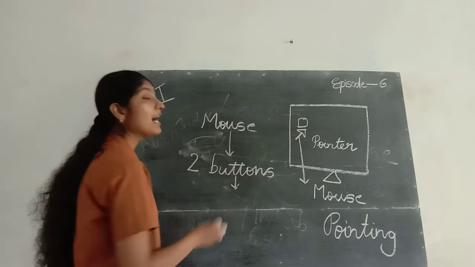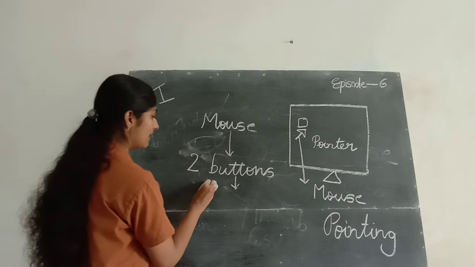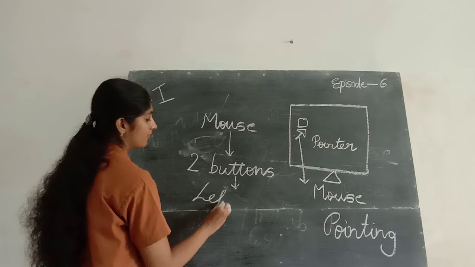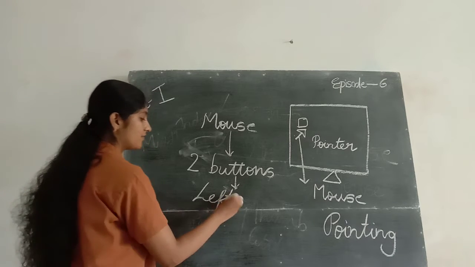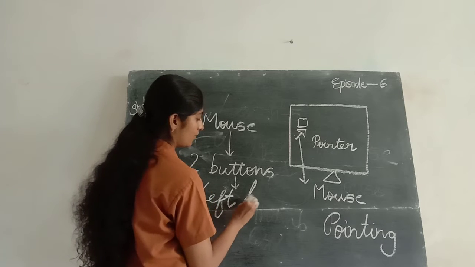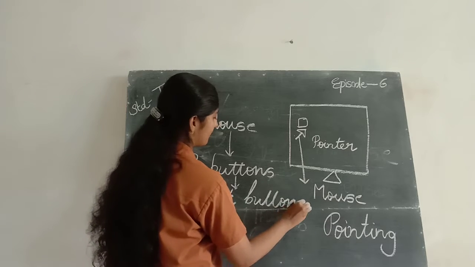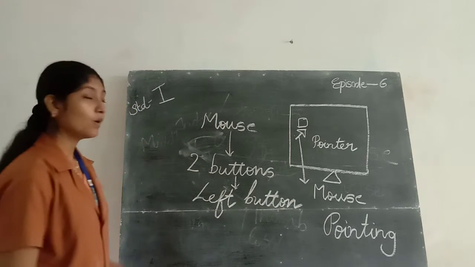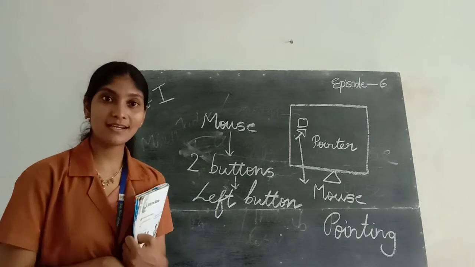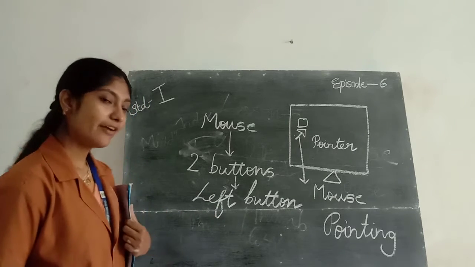First name is left button. What is the spelling of left? L-E-F-T. Left button. B-U-T-T-O-N. So in a mouse there are two buttons. How many buttons? Two buttons. What are their names? First name left button.